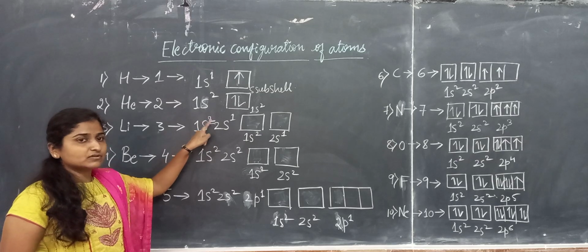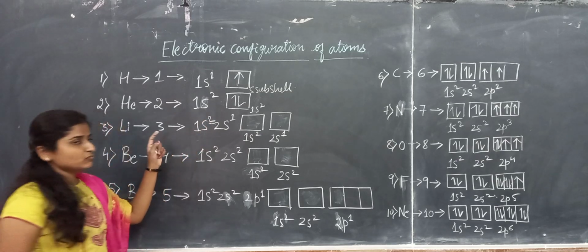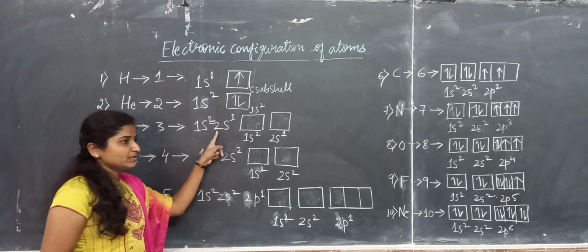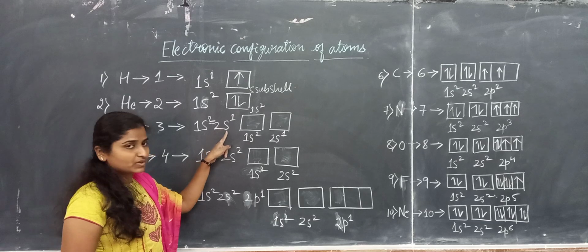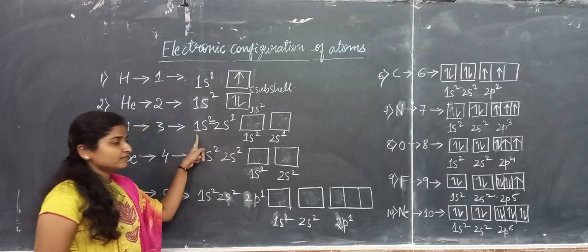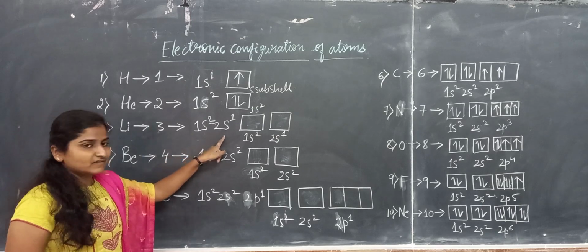So both the electrons enter into this 1s atomic orbital, and we are left with one more electron. That electron will be entering into the next higher energy level, that is the 2s atomic orbital. So the electronic configuration for this lithium would be 1s2, 2s1.